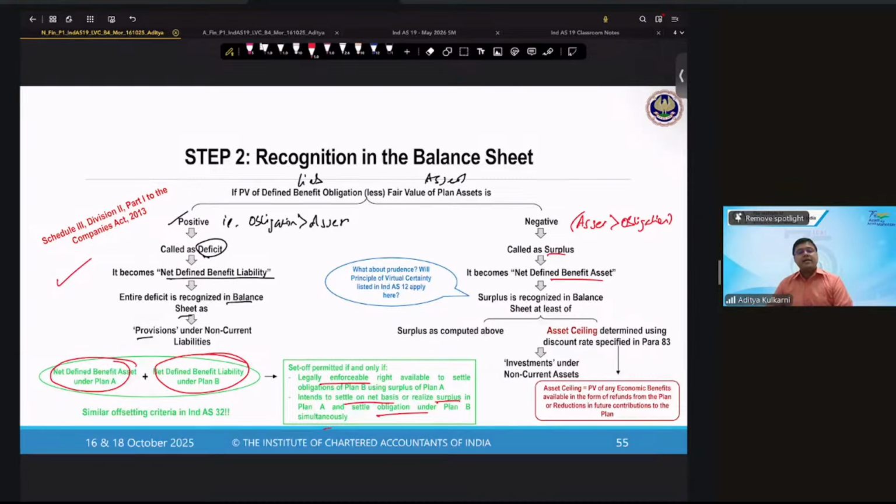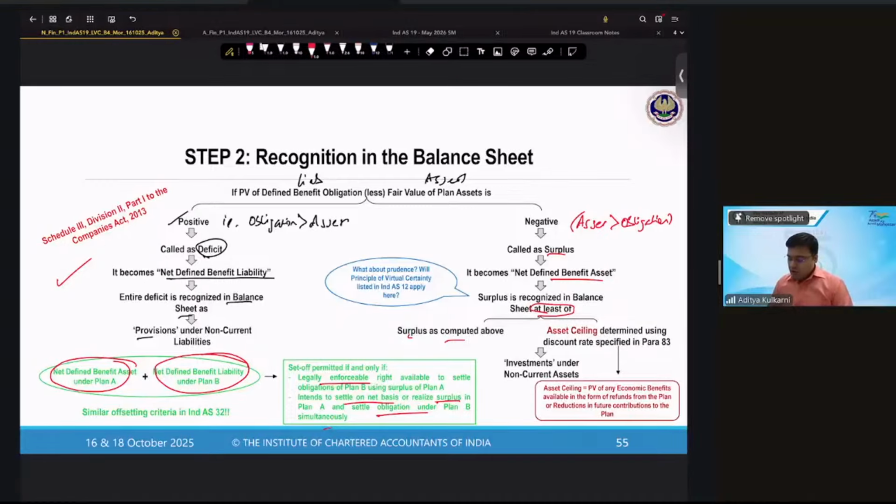And this is recognized in the balance sheet at the lower of the surplus as computed above, that is obligation minus plan assets fair value, or the asset ceiling.